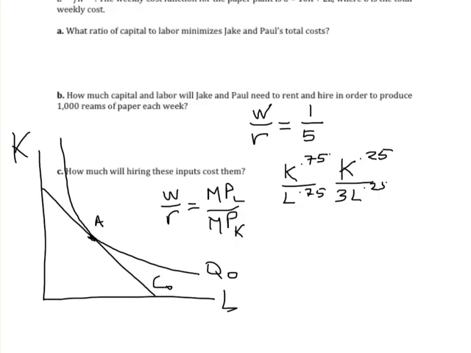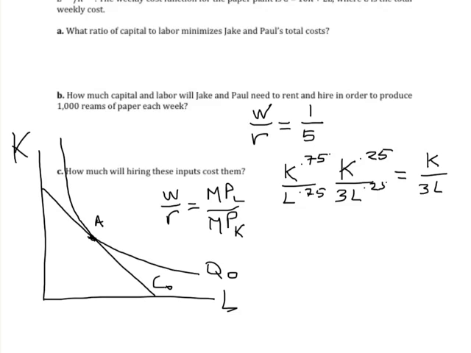Well, you see what I've done, and this makes this a relatively easy problem, is K to the 0.75 times K to the 0.25. Remember the rule of multiplying exponents, we just add the exponents, so that's just K, and that's K over 3L.